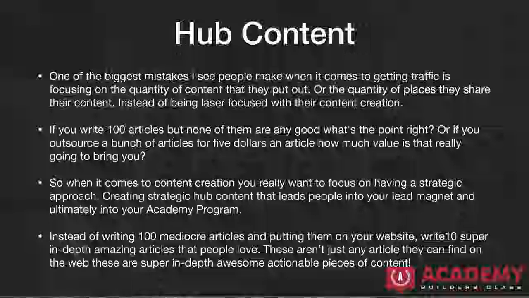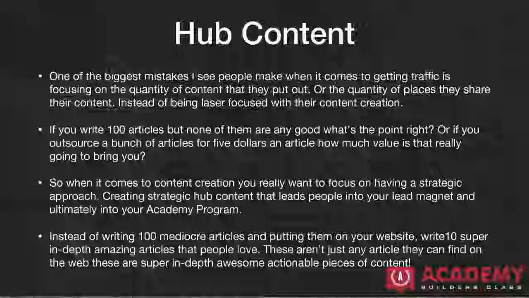So when it comes to content creation, guys, you really want to focus on having a strategic approach. And you do that by creating strategic hub content that is going to lead people into your lead magnet or your academy magnet, and ultimately into your academy program. So instead of going out there and writing 100 mediocre articles and trying to put them everywhere on the web, write 10 really good, in-depth, amazing articles or blog posts that people absolutely love.